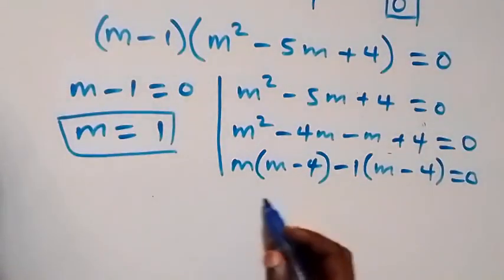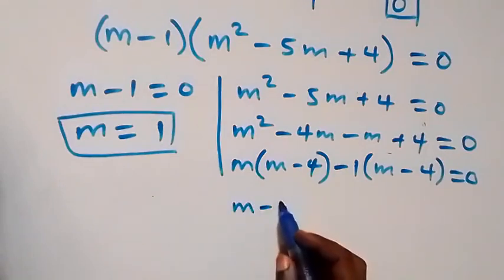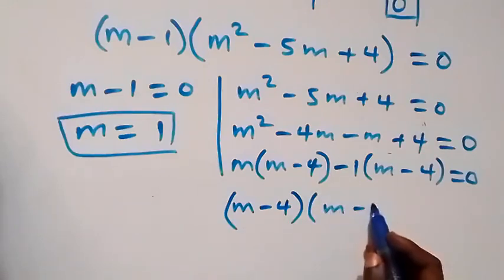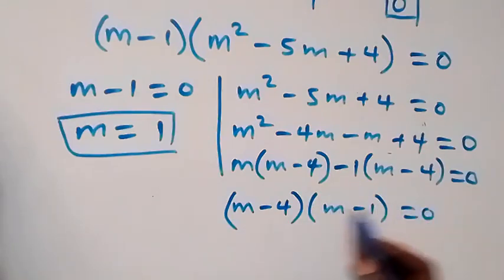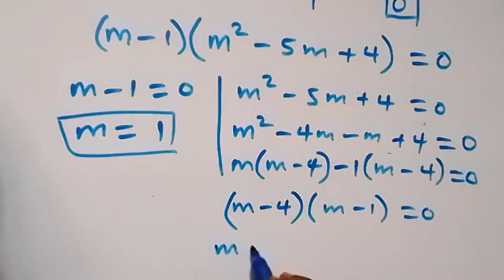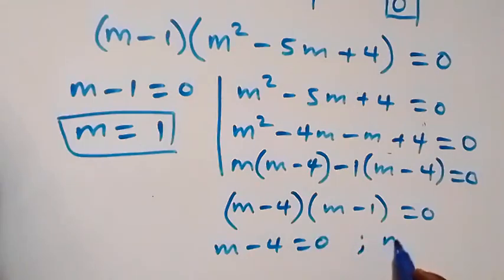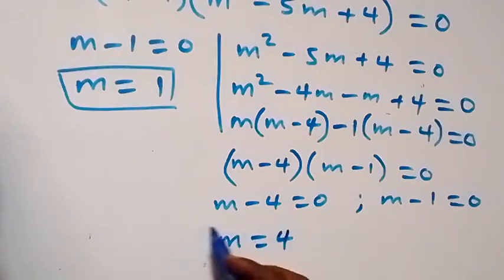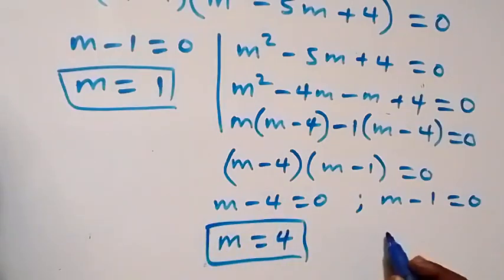That is, here m minus 4 is common, so we have m minus 4 times m minus 1 equals 0. So either we have m minus 4 equals 0, or we have m minus 1 equals 0. So it implies that taking minus 4 here, we have m equals 4, or here we still have m equals 1.